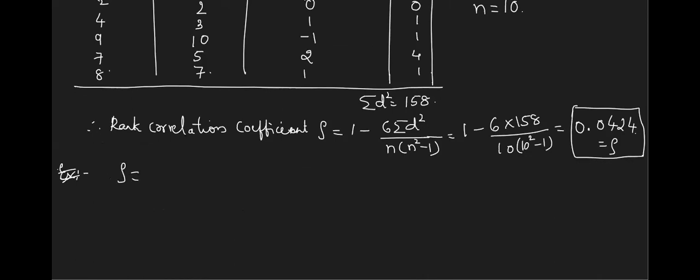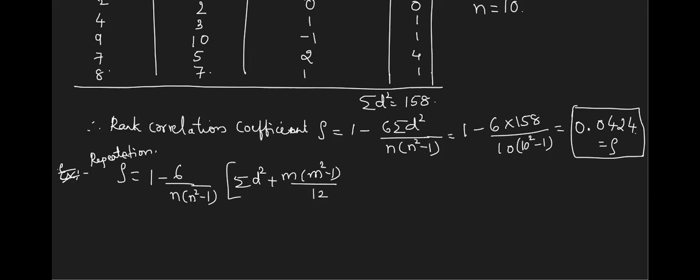The formula for rho is written like this. 1 minus 6 into n into n square minus 1, into bracket, if repetition is there, summation of d square plus m into m square minus 1 divided by 12, plus and so on. Okay, let us see what this is.